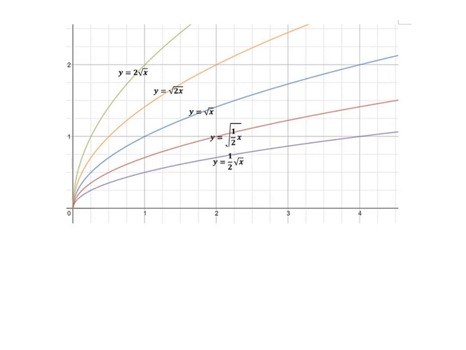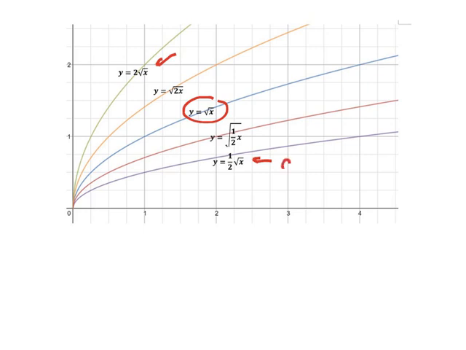So first we have all of our radical functions. Here's our parent function right there. And as you can see, we have this one right here, and this one is where the a's change.